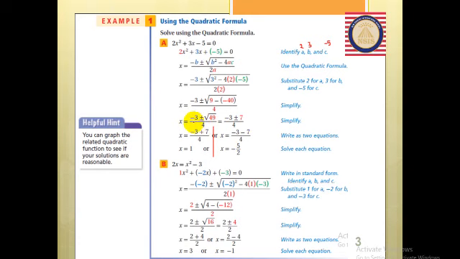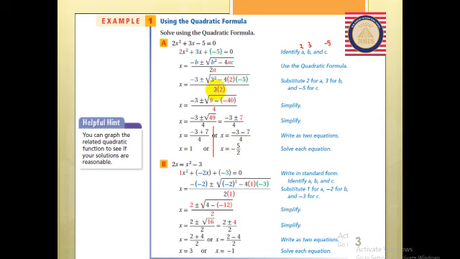So negative 3 plus or minus 7 over 4. I'm going to take negative 3 plus 7 over 4 and negative 3 minus 7 over 4. Solving for x, I'm going to have x equals 1. And solving here for x, I'm going to have x equals negative 5 over 2.